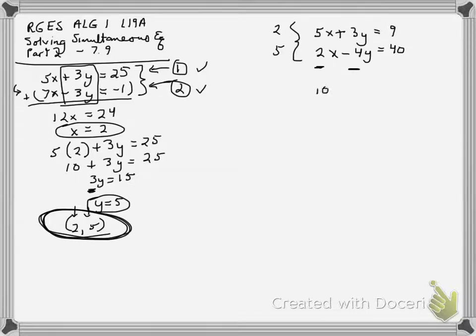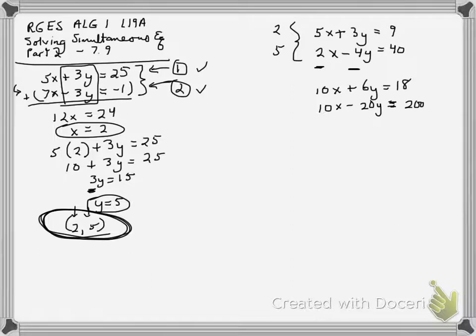I would get 10x plus 6y, multiplying by 2, equals 18. Multiplying by 5 in the second equation, I would get 10x minus 20y. Notice all the little places you can make mistakes here. And 5 times 40, don't forget, even the right side of the equation, is 200.